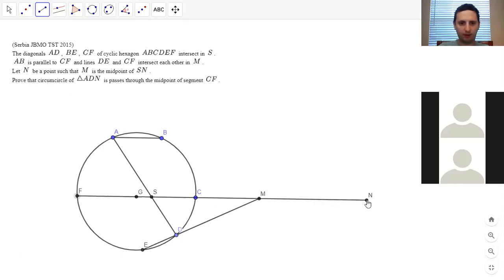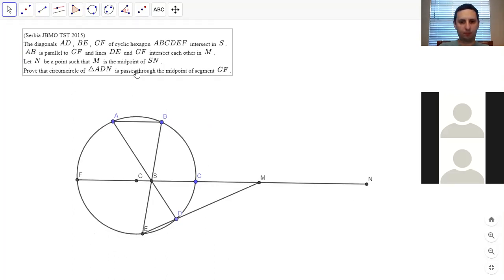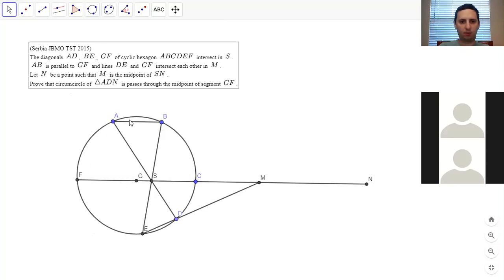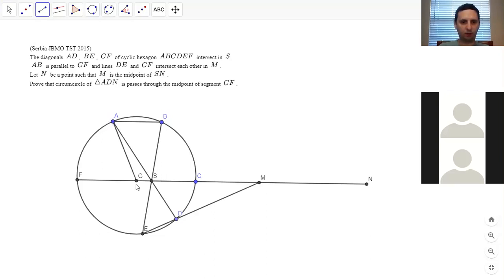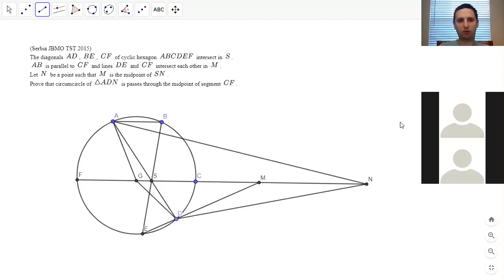I probably don't need to draw all the sides of the hexagon. We just have to remember that M is the midpoint of SN. And then we want to show AGBN is cyclic. So maybe I'll draw some of the sides of AGBN.